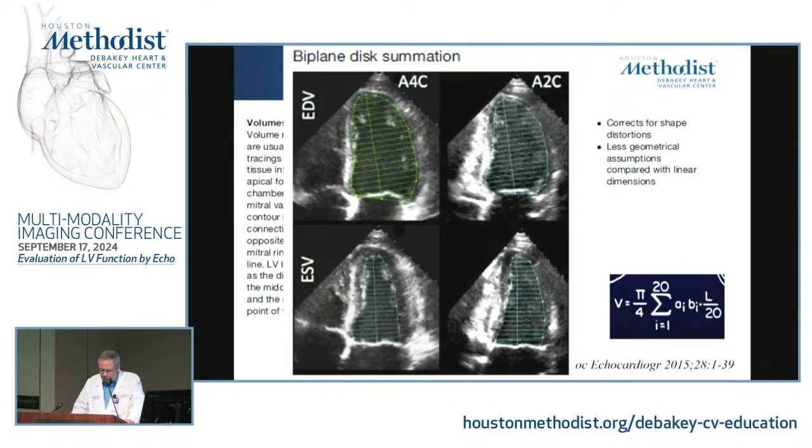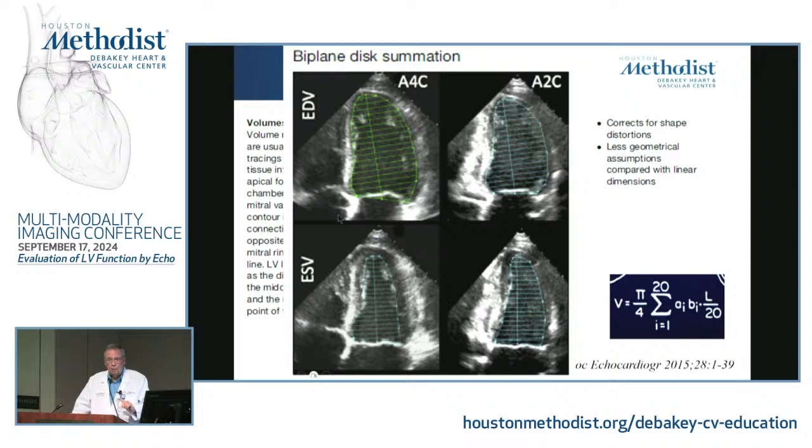In this method, basically, the left ventricle is divided into multiple little discs, equidistant from each other, and the computer calculates the area within each of these discs, and then creates a volume for that disc, and then adds all those volumes together using a very complex equation that would take a whole day for one case if you did it manually, but it takes seconds for the computer to do.